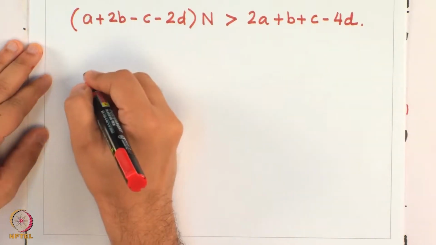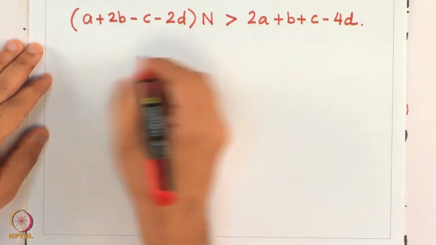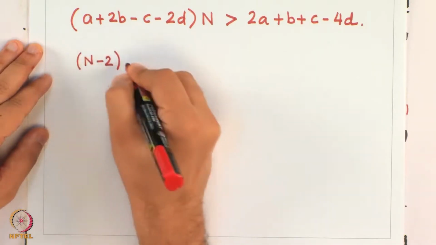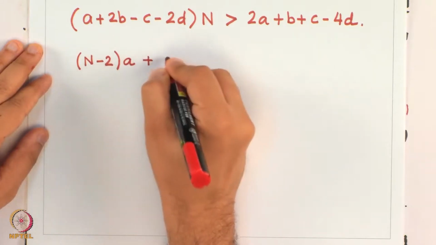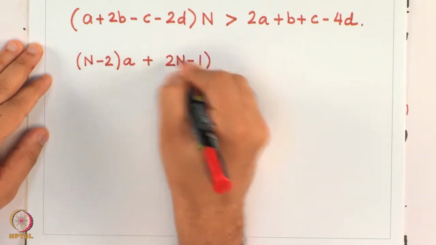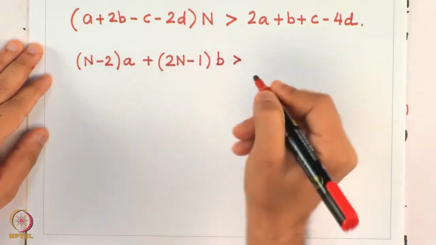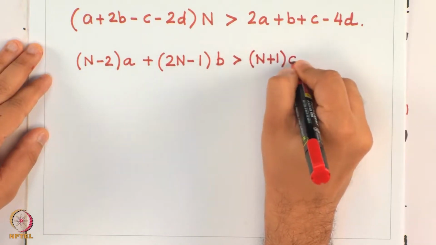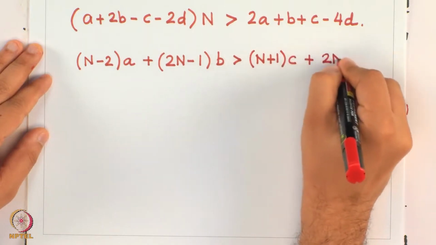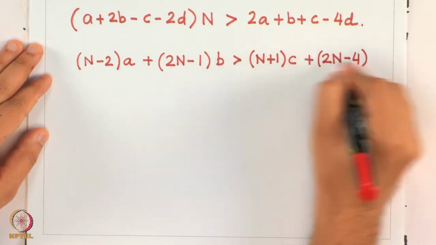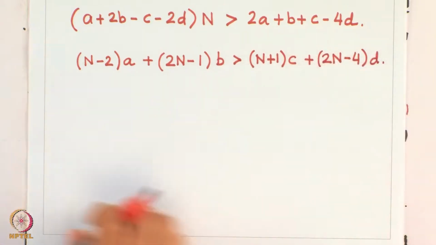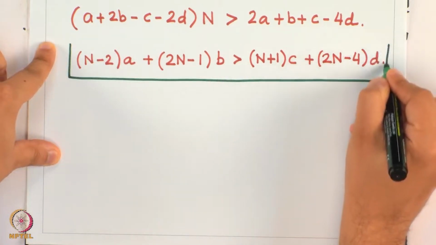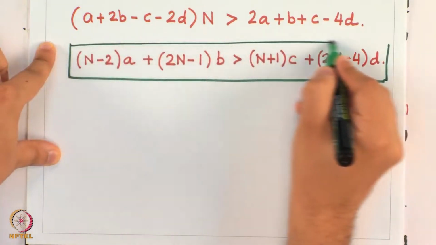I can simplify this a little by clubbing all the terms associated with A, B, C, D, and I get n minus 2 times A plus 2n minus 1 times B should be greater than n plus 1 times C plus 2n minus 4 times D. So that is the expression I have when computing the condition that the fixation probability associated with the mutant is more than 1 by n.